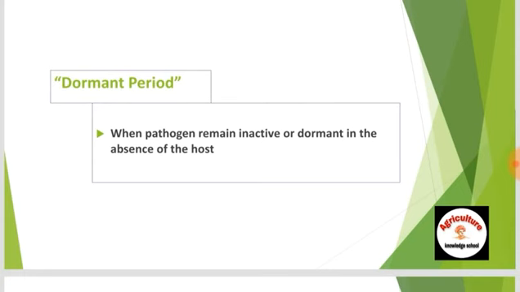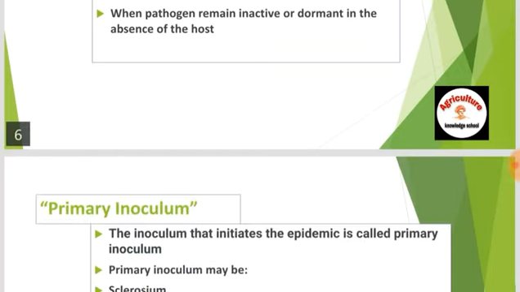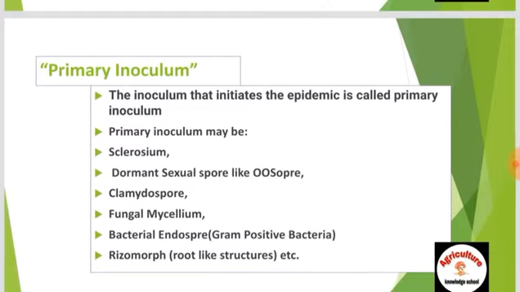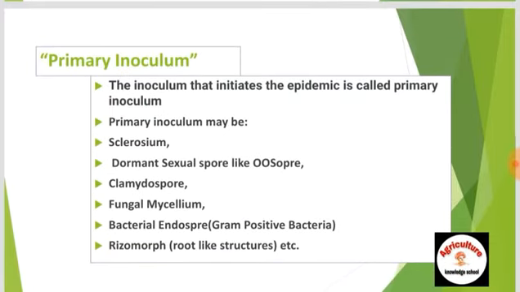Dormant period. So what is the dormant period? When the pathogen remains inactive or dormant in the absence of the host. What is the primary inoculum? The inoculum that initiates the epidemic is called primary inoculum.